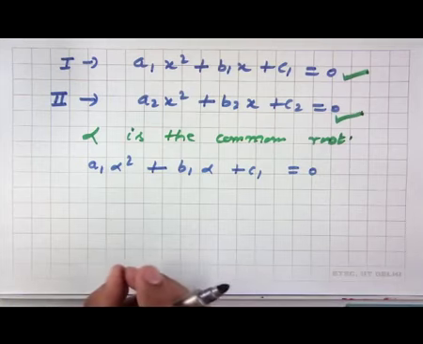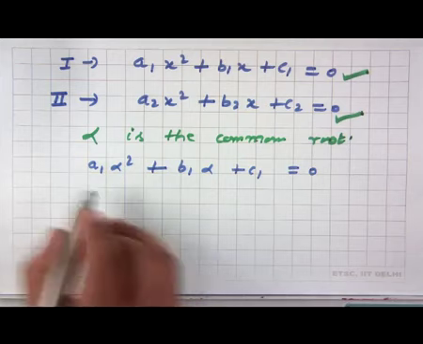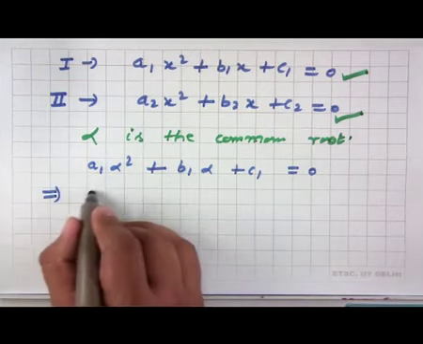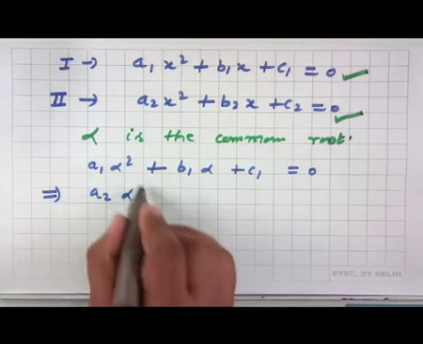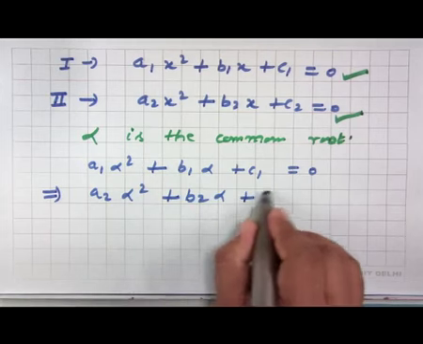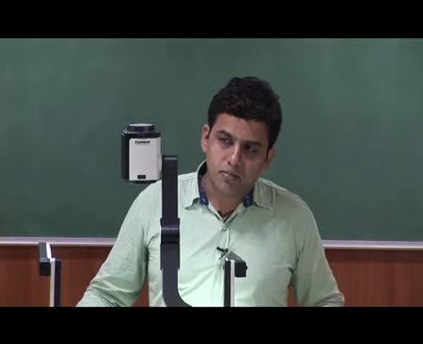We have put the value of x as alpha. Now, let us put the value of x in the second equation. It will be a2 alpha square plus b2 alpha plus c2 equals 0. Now, we are solving these two equations by using the cross multiplication method.